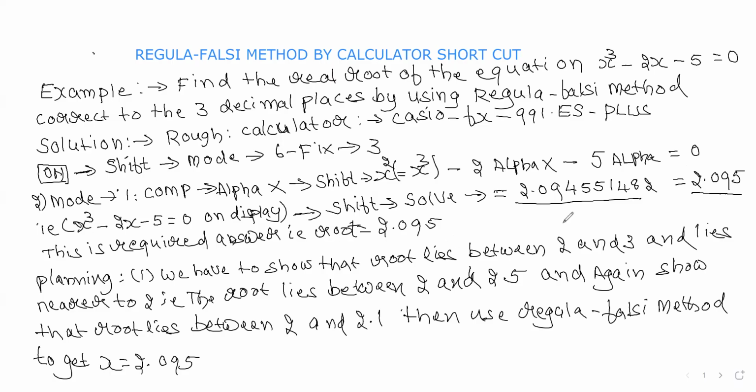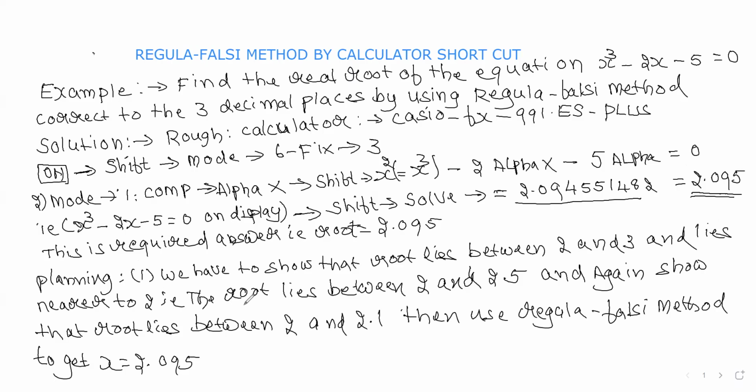My dear students, now you have to make a planning for this. What is the planning? We have to show that the root lies between 2 and 3. 2.095 means the root lies between 2 and 3. We have to show it. Then, the root lies nearer to 2, we have to show.